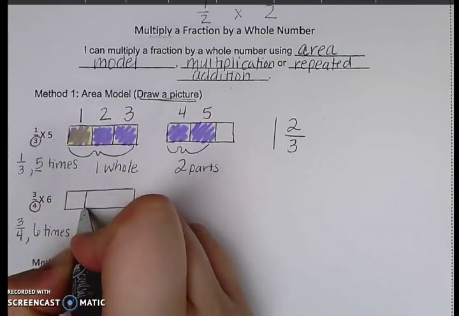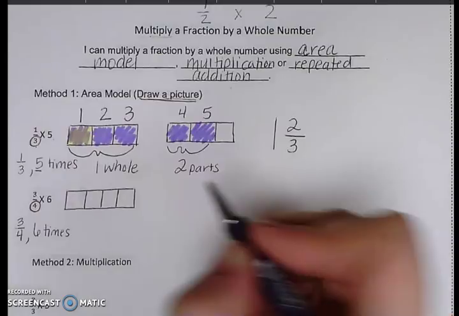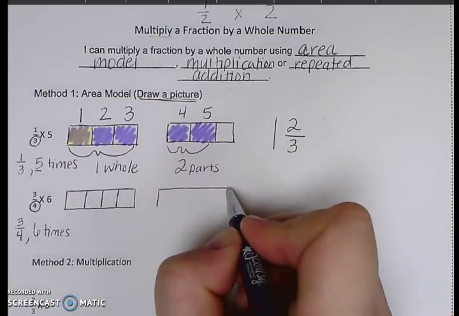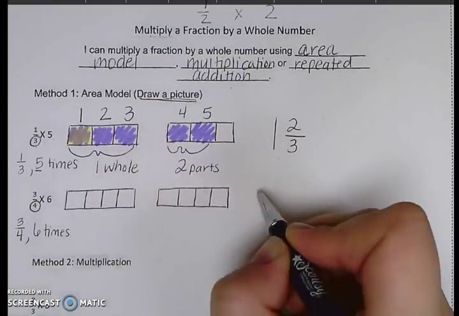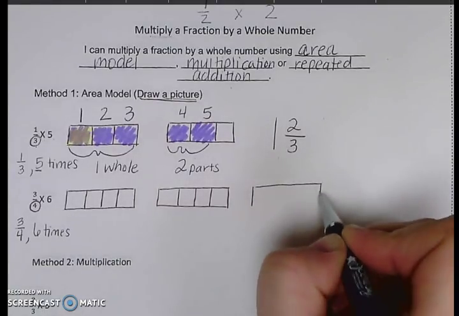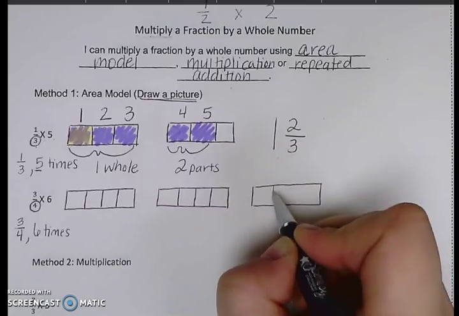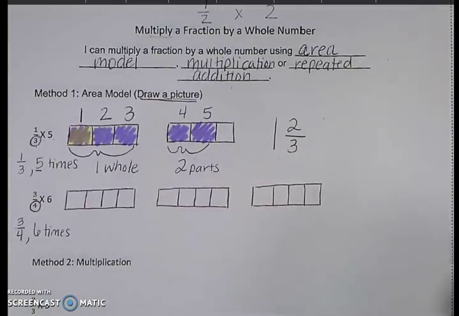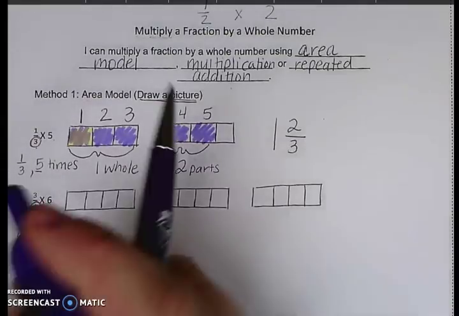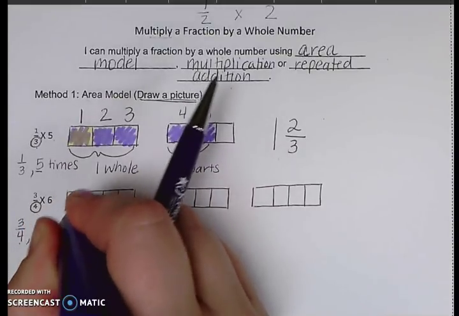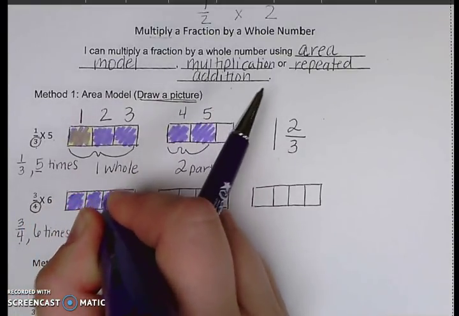And I'm going to need a few of these here, so I'm going to go ahead and draw a few of them, so I'm ready to go. Okay, we'll start there. So 3/4 6 times. So 3/4 would be 3 sections shaded in.